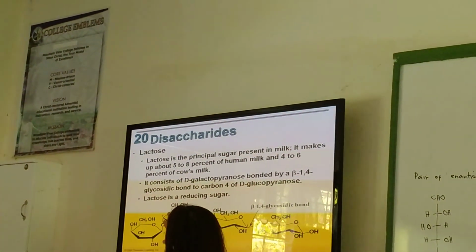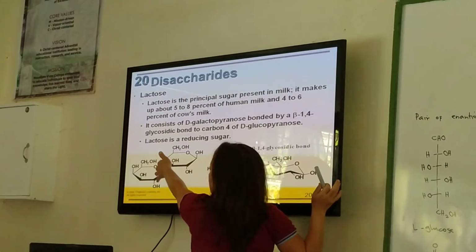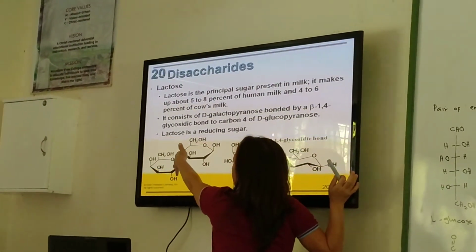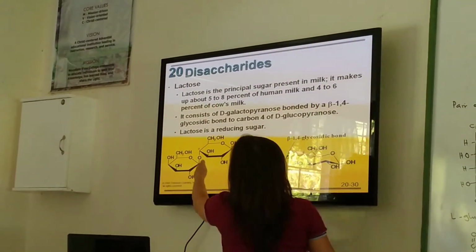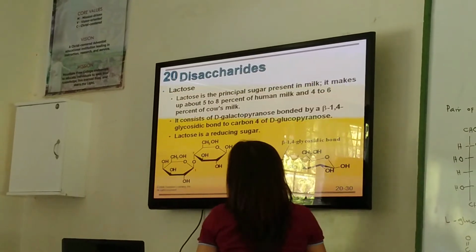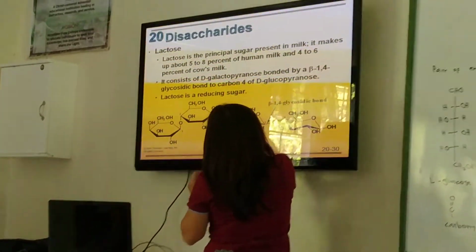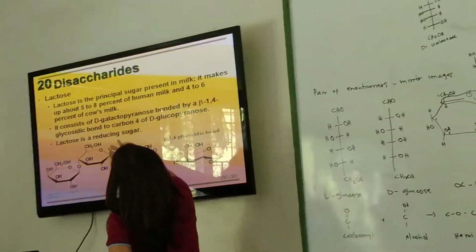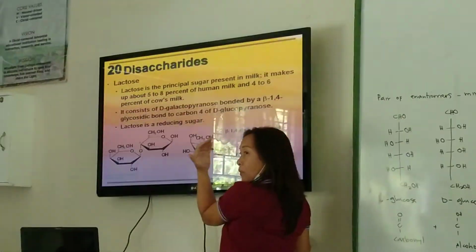If this is our glucose and this is our galactose, we have here our glycosidic bond at the anomeric carbon, the 1,4 linkage: first carbon, fourth carbon, that's where the glycosidic bond occurs. Now, let's locate whether there is a free hemiacetal or not.